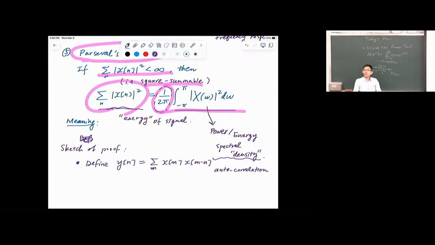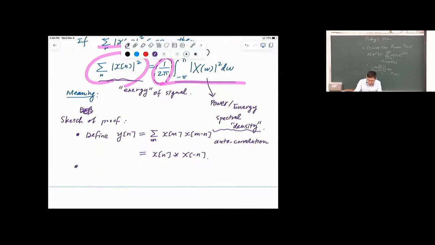It's pretty similar to convolution. But it turns out that y[n] is x[n] convolved with x[-n], if you will. I'll leave the detail for you to come to the agreement.